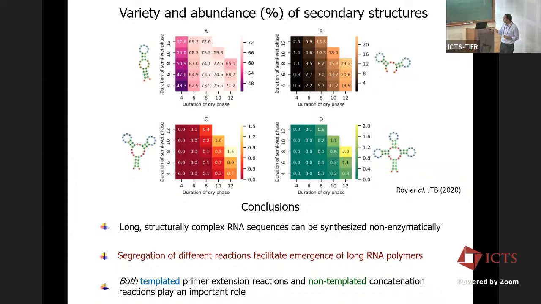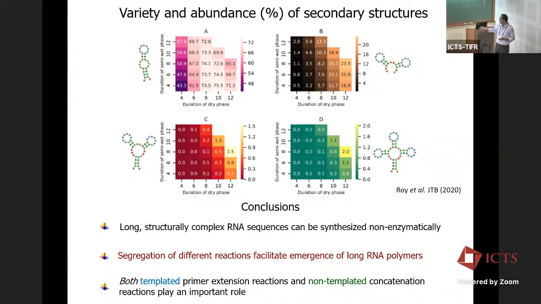Initially, for small sequences, very simple secondary structures were produced, so they were most likely not functional. But what we found to our surprise, is that when you go to longer sequences, the secondary structures produced are somewhat similar to what is found in nature.